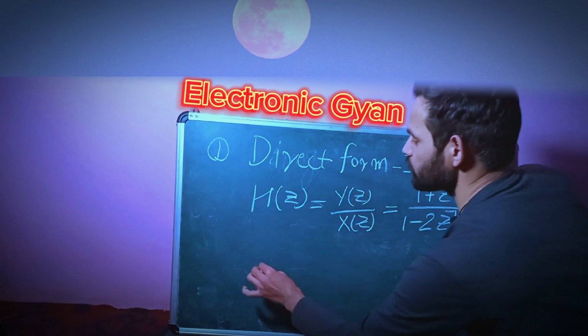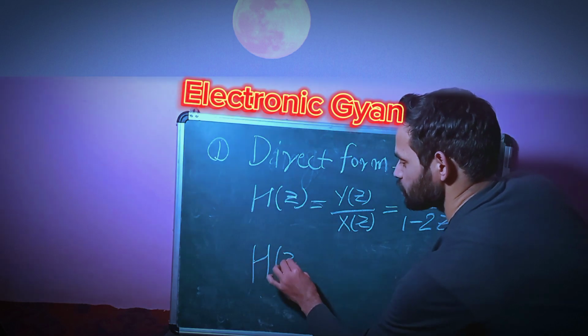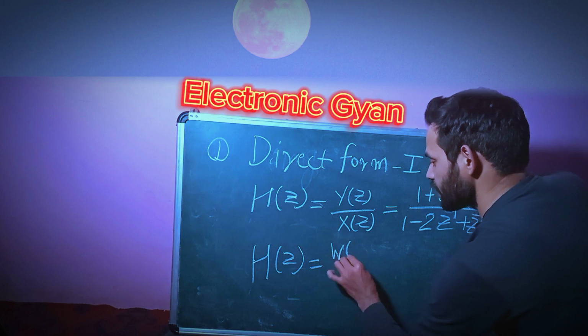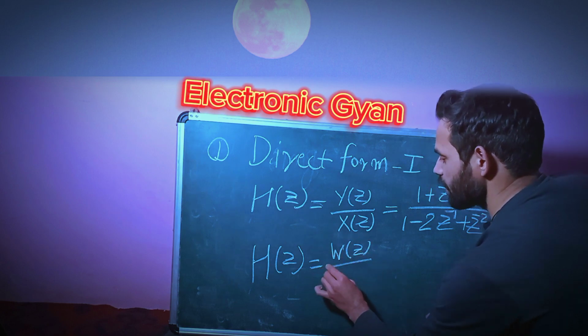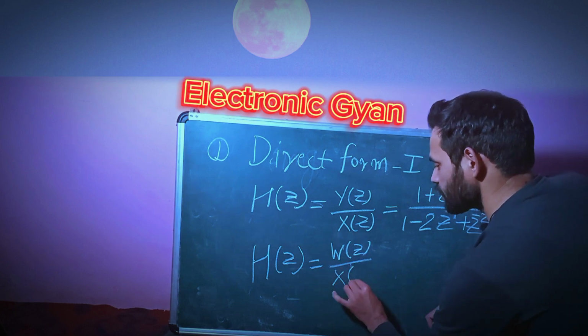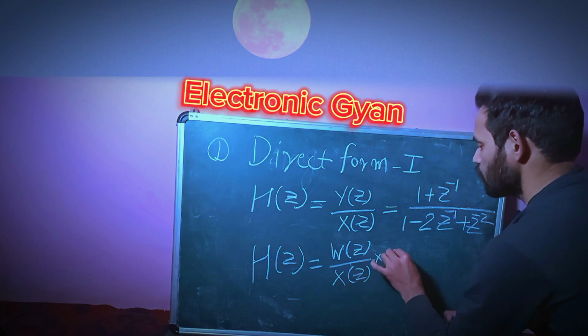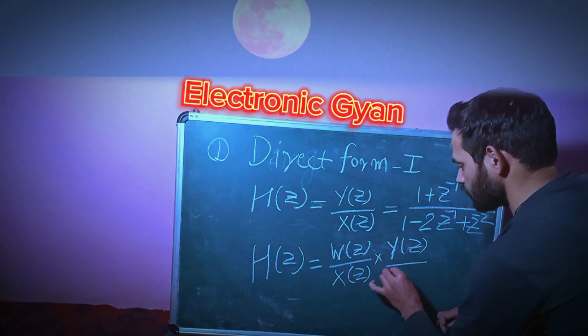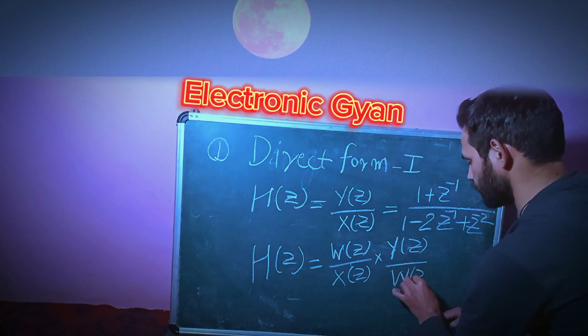So for direct form 1, h of z will be equal to w of z upon x of z into y of z upon w of z.